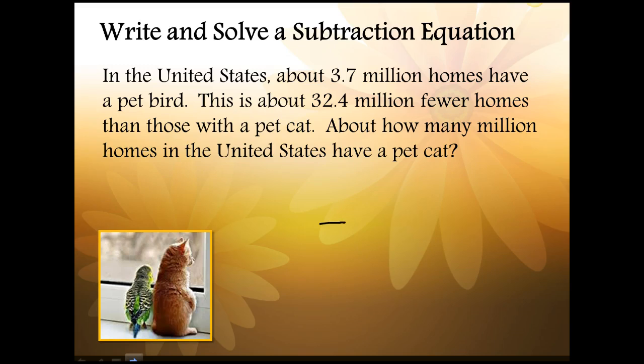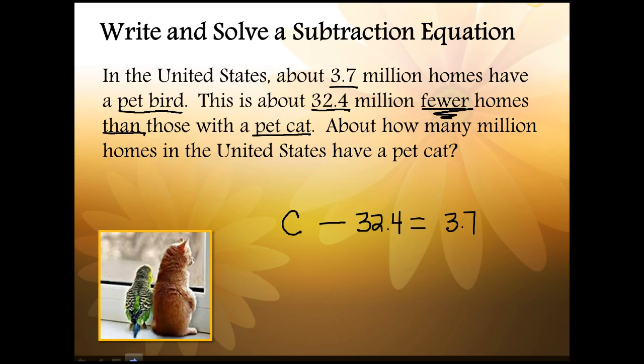Next, we'll have to identify the numbers we need. About 3.7 million homes have a pet bird. This is about 32.4 million fewer than those that have a cat. Therefore, I will subtract c minus 32.4 and set that equal to 3.7.